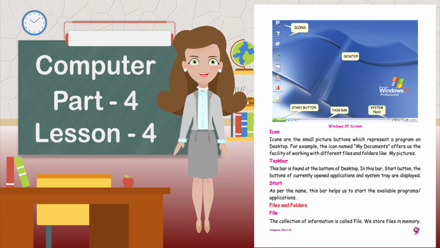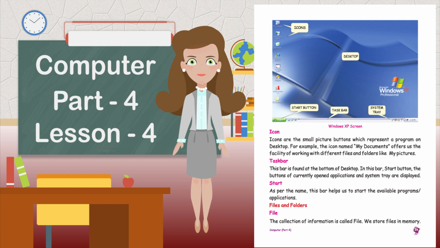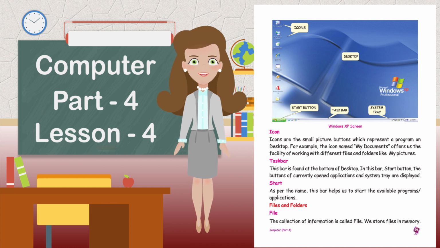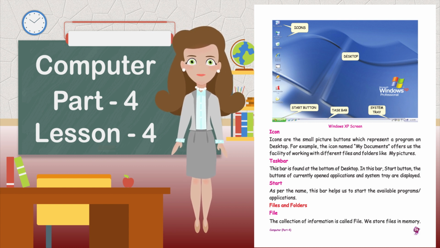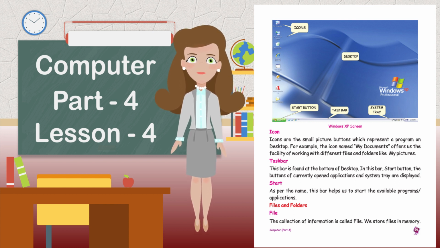Icon. Icons are the small picture buttons which represent a program on desktop. For example, the icon named My Documents offers us the facility of working with different files and folders like My Pictures.